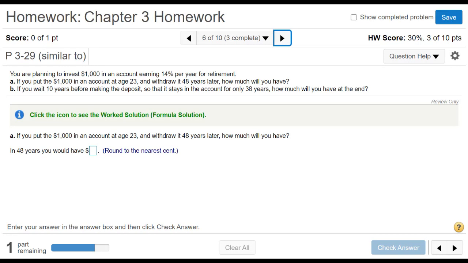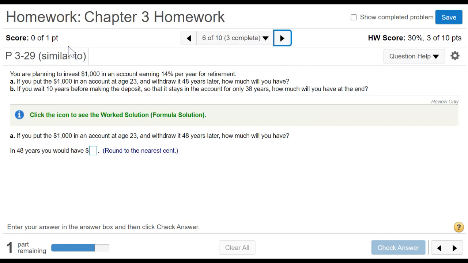So first thing we have to realize is, what is n equal to? 48. Okay, good. I think it's 48. No, I say 25. N is equal to 25.